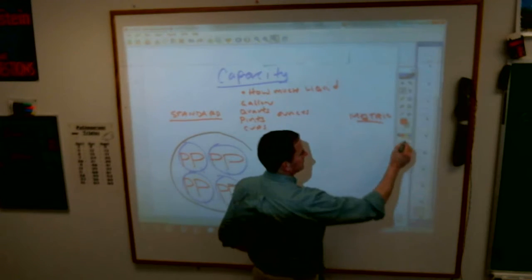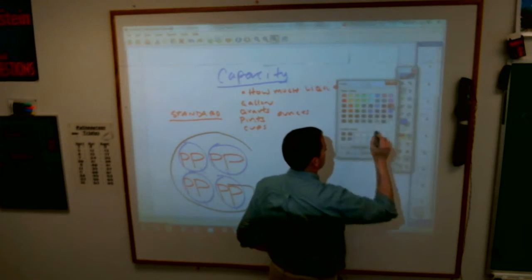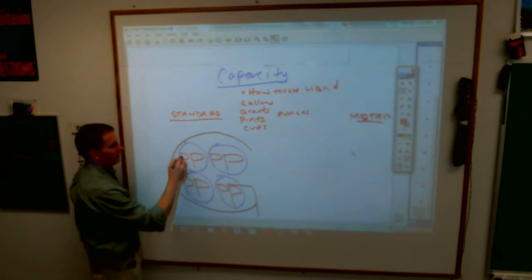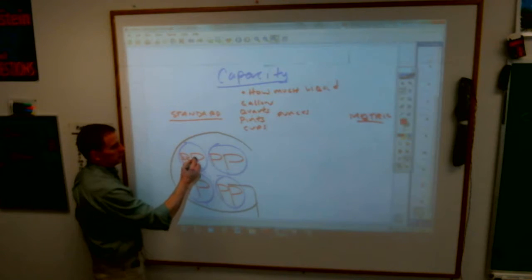And then we go to our cups. How many cups are in a pint? 2. So inside every P, you need to put 2 C's.